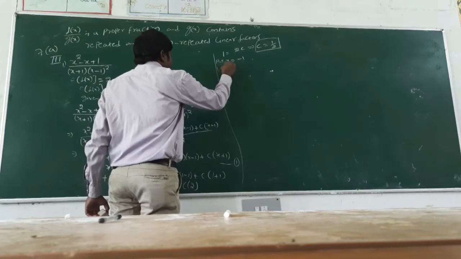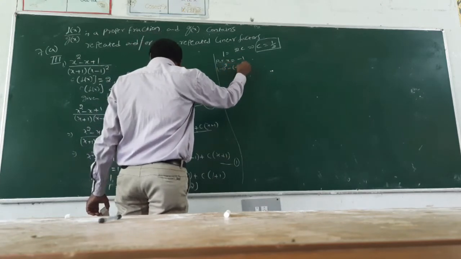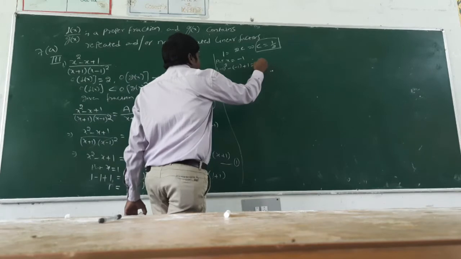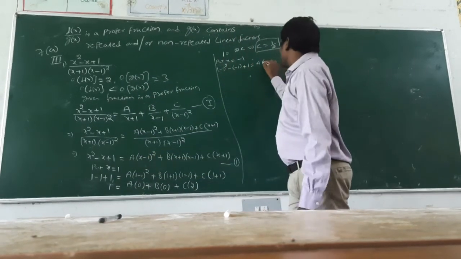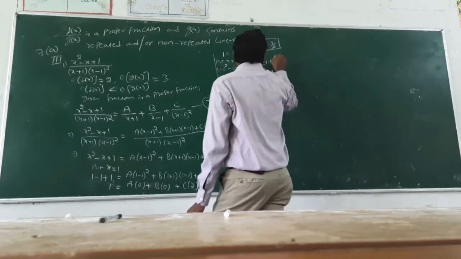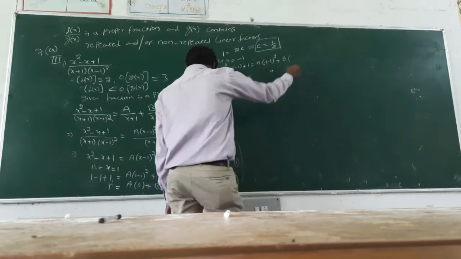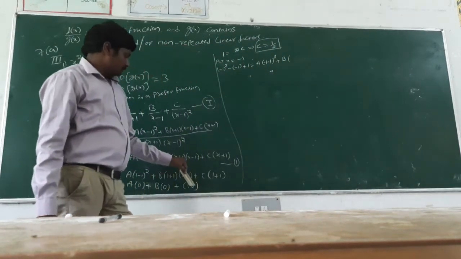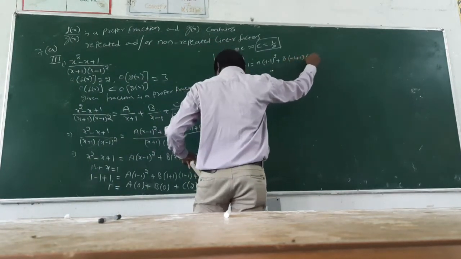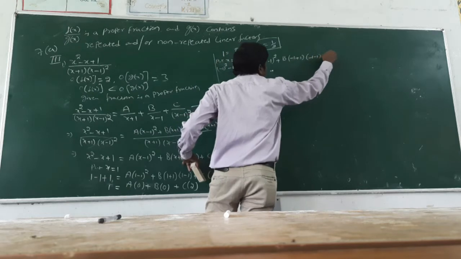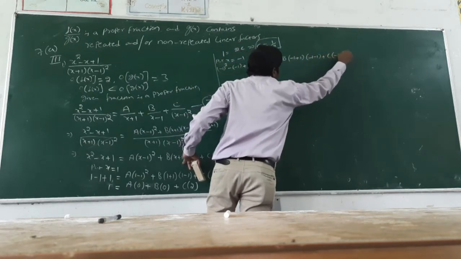(Minus 1) whole square minus of minus 1 plus 1 is equal to a of (minus 1 minus 1) whole square plus b of (minus 1 plus 1) into (minus 1) plus c of (minus 1 plus 1).